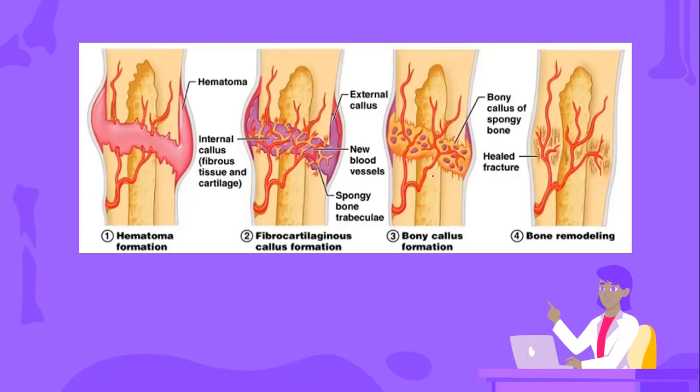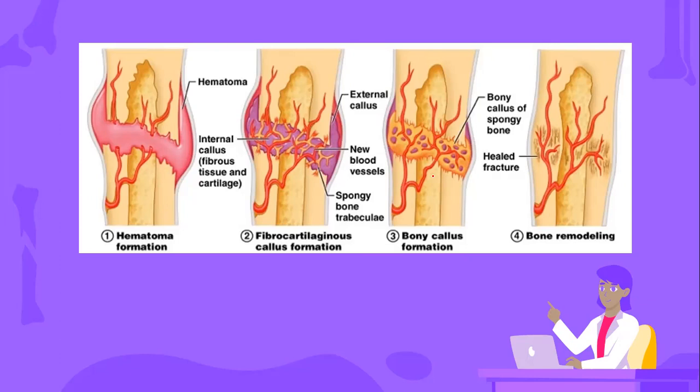This callus is, in the first moment, like cartilage. Then it starts like a bone nucleus. So that's how it starts ossification, this process.